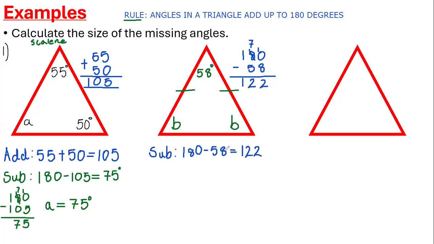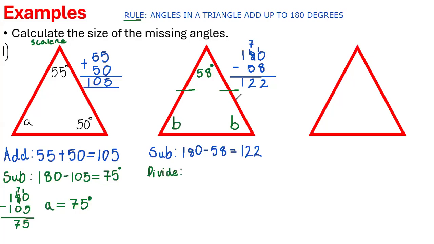After we subtract, what's the next thing we're going to do? We're going to divide 122 by 2. Very good. That gives you 61. So we have to divide.